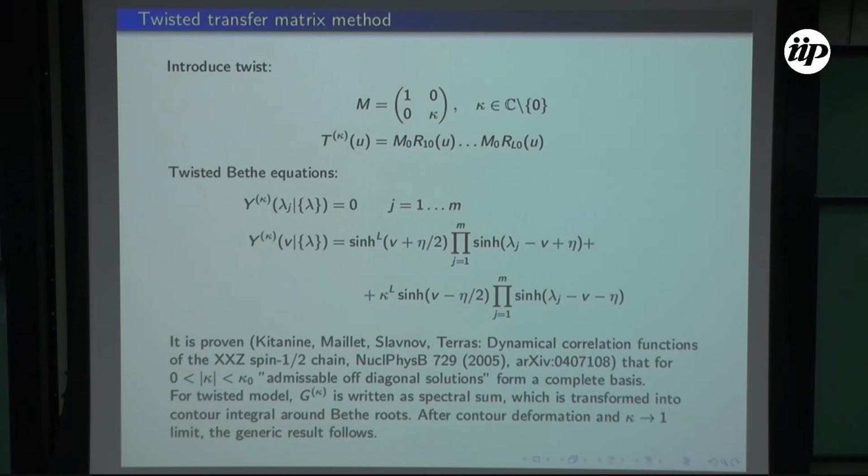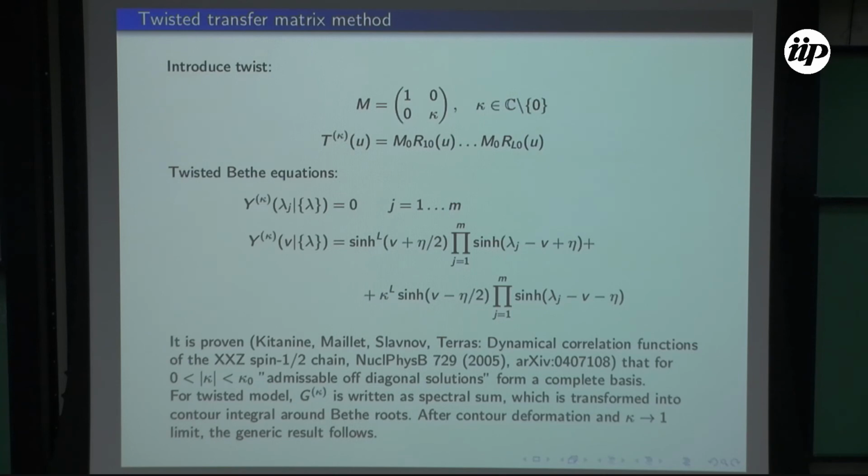If you consider the whole propagator in the twisted case, and you want to compute this twisted propagator operator, then you can use this completeness to use the spectral decomposition.